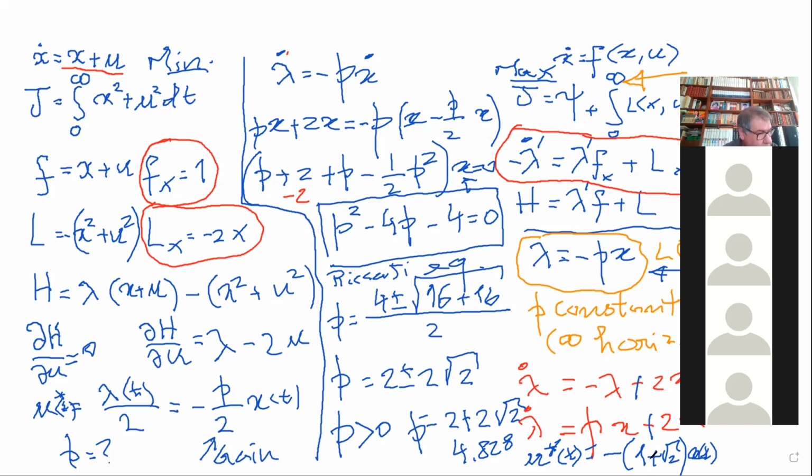Now, questions? Is it clear? In practice, you know the form of the algebraic Riccati equation, so you directly write this, and you find p, you get the optimal value, so you replace that value for p.